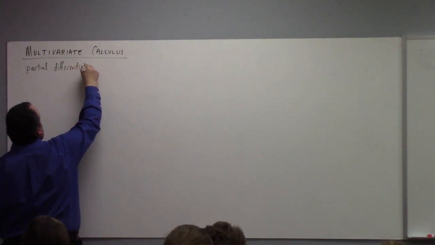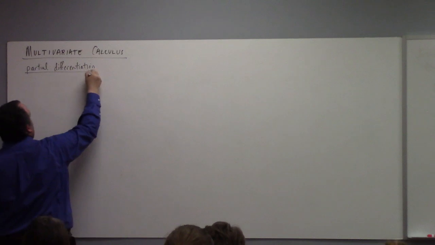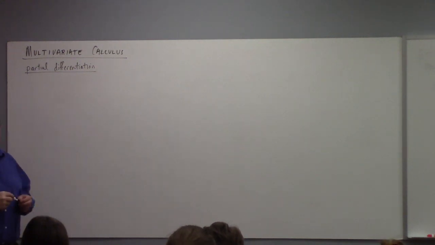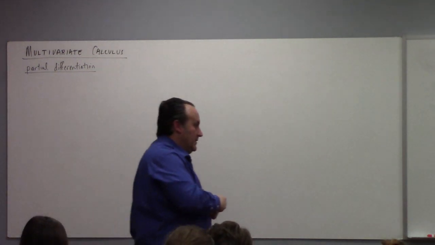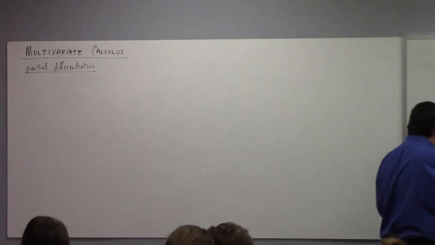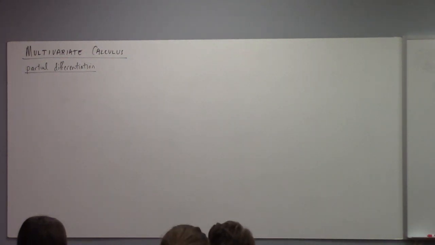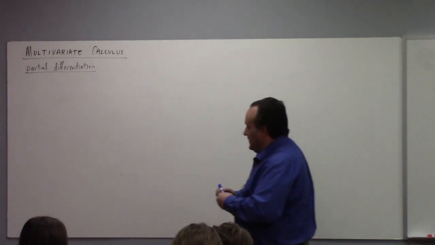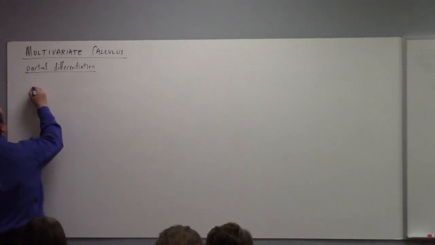And rather than giving you a definition like I might in a math class, I'm just going to give you examples. I think if I give you examples, I'm pretty sure you're going to get it because partial differentiation is not hard. So let's look at some examples. Example 1.